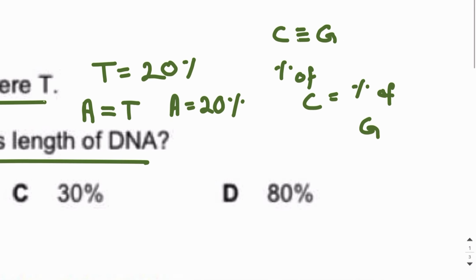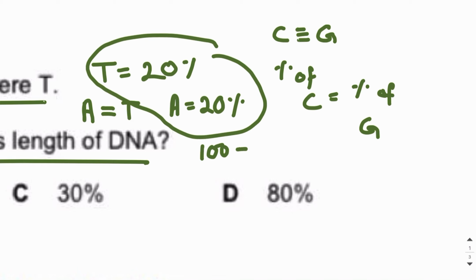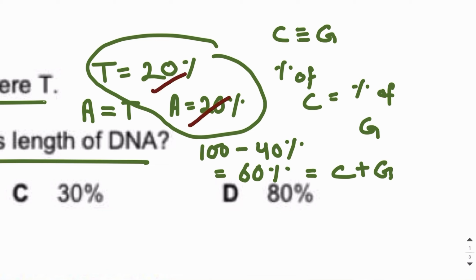Because the total percentage of bases in the DNA is 100, what we can do is subtract 40% from 100, right? To get the answer that is 60%, which is C plus G. That's because if thymine is 20%, adenine is also 20%.